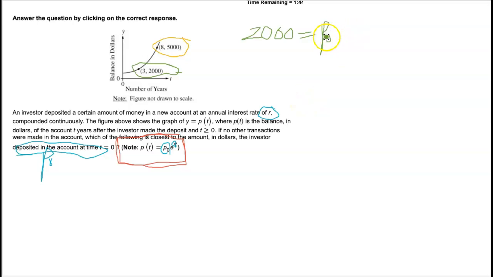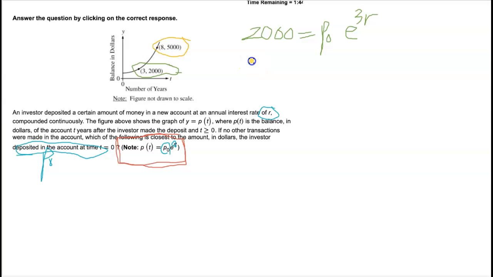I'll just call it P0 because that's what I'm looking at. E to the, let's see, 3 years, the T is 3. I'll write it as 3R, right? It's really R times 3, time is 3, but I'll write it as 3R because that's the way we conventionally write things. That's it, right?